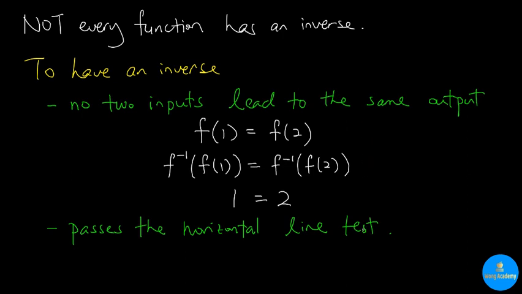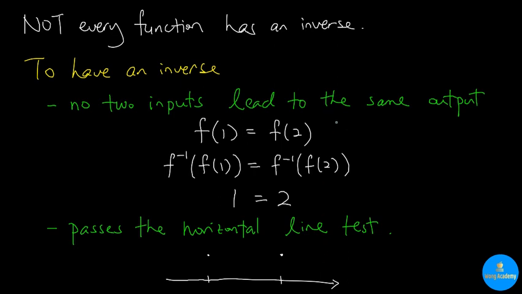Why are these two conditions equivalent? It is because if we have two different inputs on the x-axis that lead to the same output, then there is a horizontal line that passes through this graph twice.